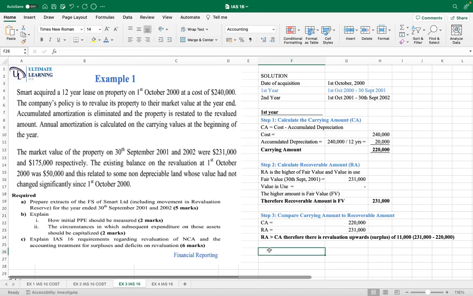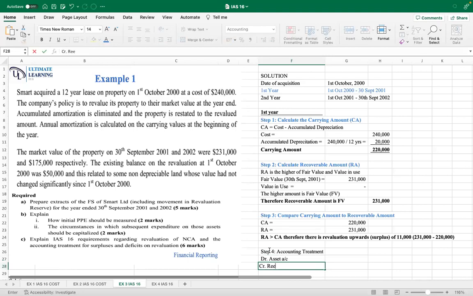Step number 4. What is our step number 4? Step number 4 is accounting treatment. Now, accounting treatment will be debit asset account and credit revaluation reserve or surplus account.